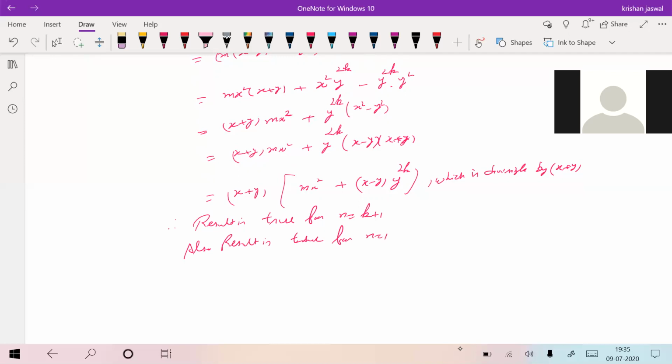Therefore, by the method of induction, the result is true for all n belongs to N.